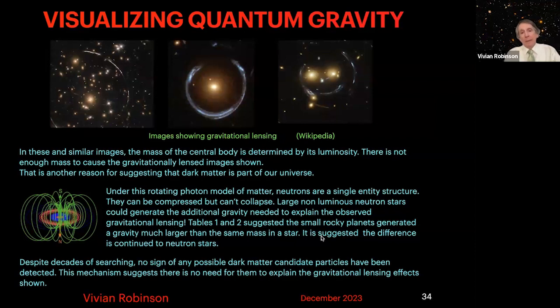It is suggested that difference is continued to neutron stars. Despite decades of searching, no sign for any possible dark matter candidates have been detected. This mechanism suggests they are not needed to explain the gravitational lensing effects shown here.